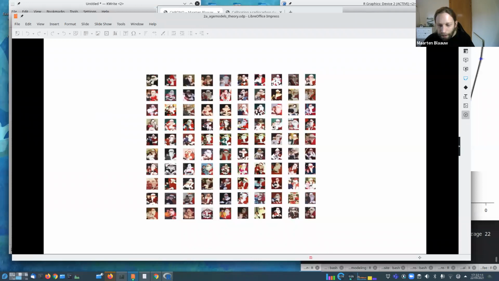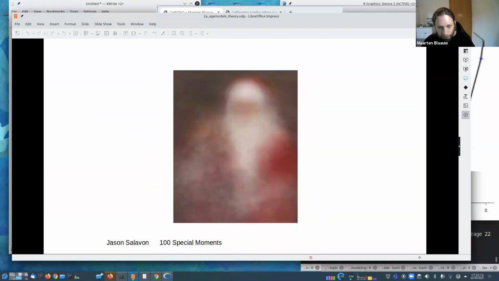This is actually Santa with a child on his lap. It is made by an artist who goes to Google and asks for Santa with a child on his lap, downloads 100 photos of that, and then for each pixel calculates the average color.